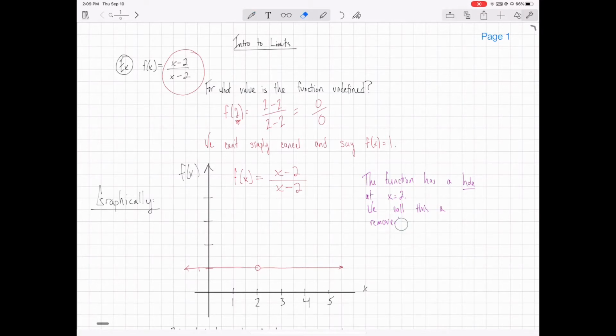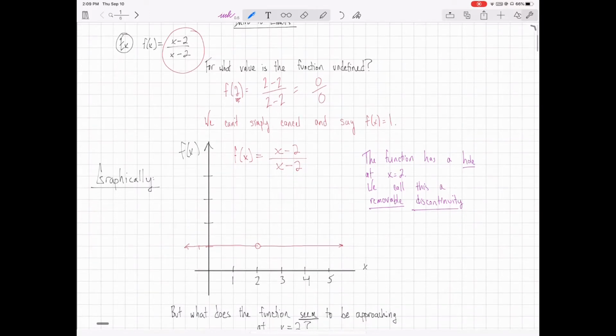I'm going to spell that correctly though. And we call it a removable discontinuity because we can cancel x minus 2 over x minus 2, and that is 1. So we have removed the discontinuity if we cancel it. Okay, so that's a really basic example of a function with a discontinuity.